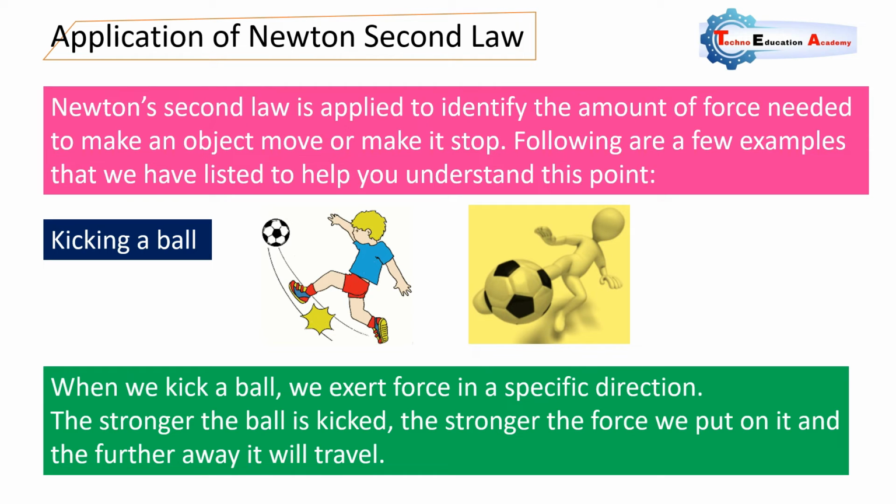The harder we kick the ball, the stronger the force we put on it and the further away it will travel. So the acceleration of the ball depends on how much force we applied, and it also depends on mass. So the force we apply depends on the mass and acceleration of the object.